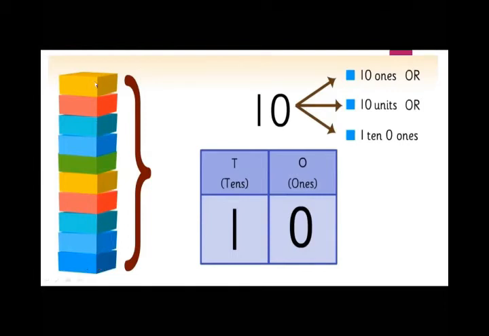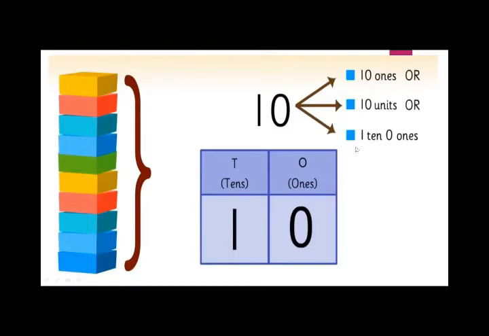How many of these are there? 1, 2, 3, 4, 5, 6, 7, 8, 9, 10. So we can say 10 ones or 10 units. Ones and units, the meanings are the same, but the words are changed.